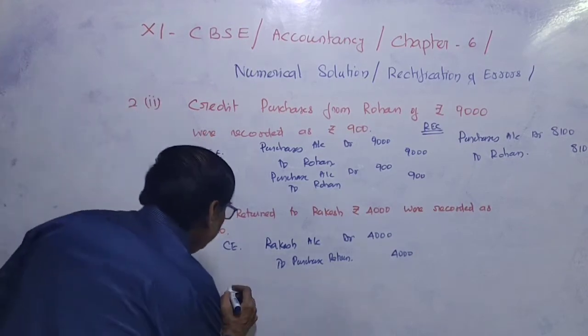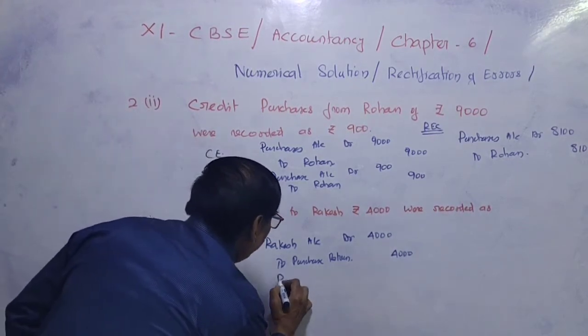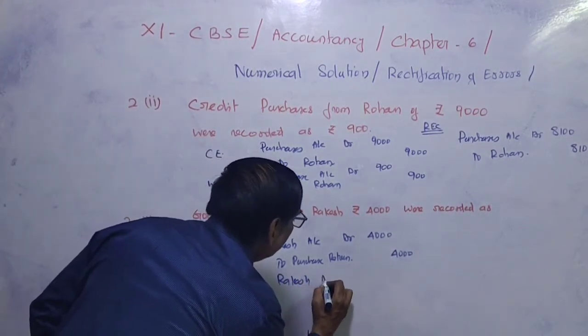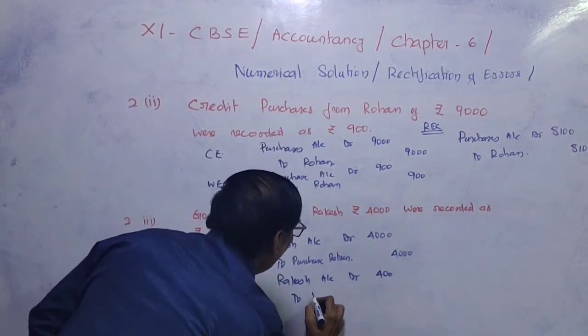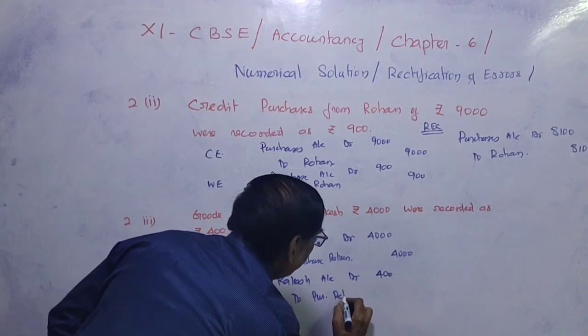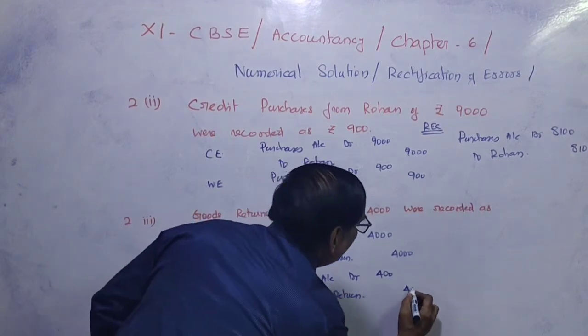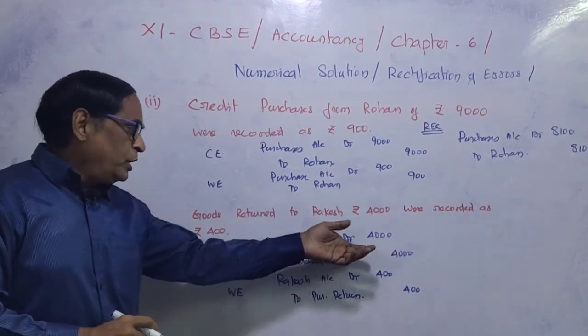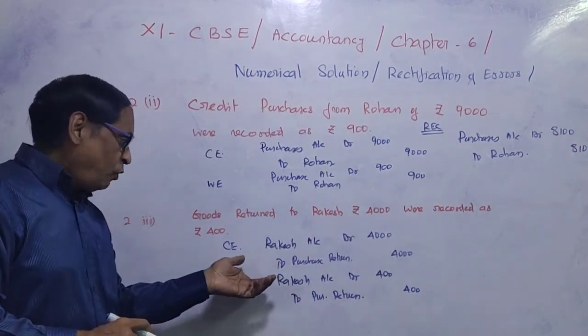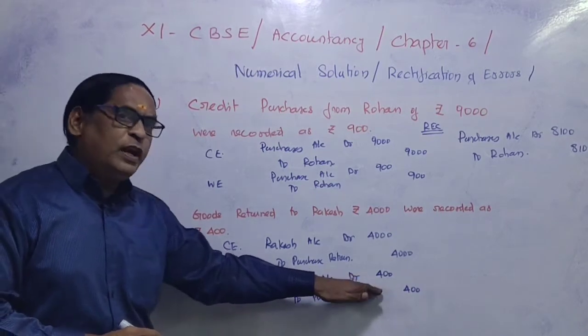The wrong entry is Rakesh account debit 400 rupees to purchase return, 400 rupees. So the difference is 3,600 rupees. The original amount should be 4,000. Instead of 4,000, they have debited the Rakesh account only 400.